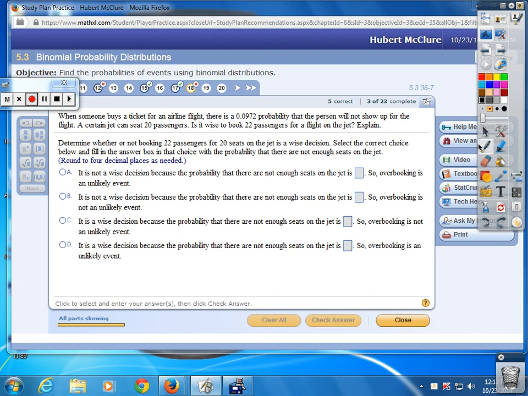All right. This is how you do this one. N is equal to 22 because that's what they're asking you. They're asking you if booking 22 people on this flight is wise. Okay, so there's the 22. So N is equal to 22.